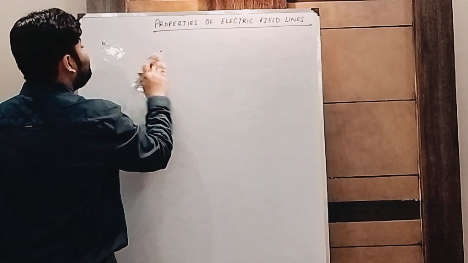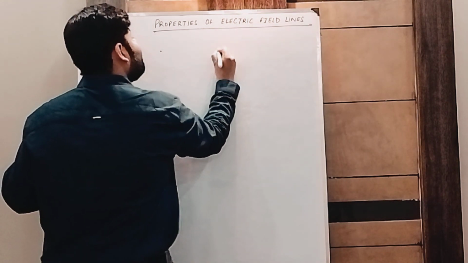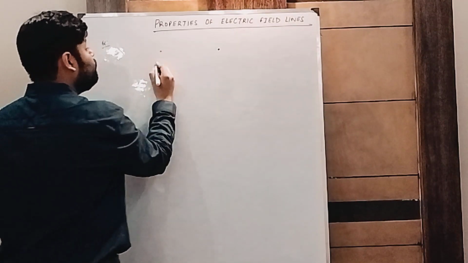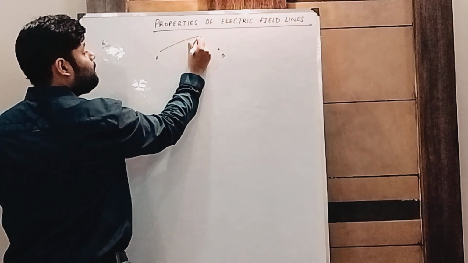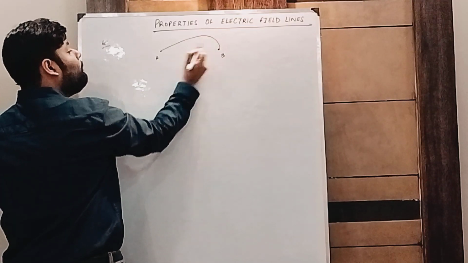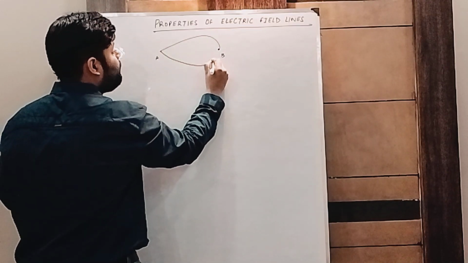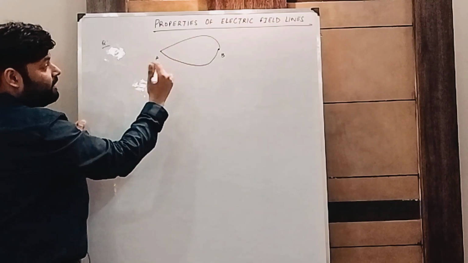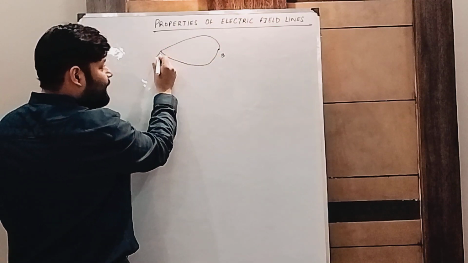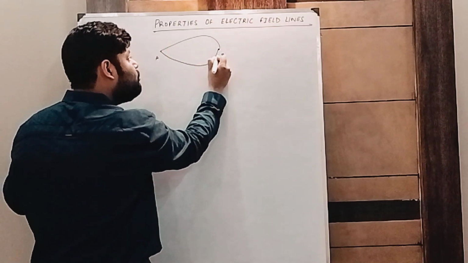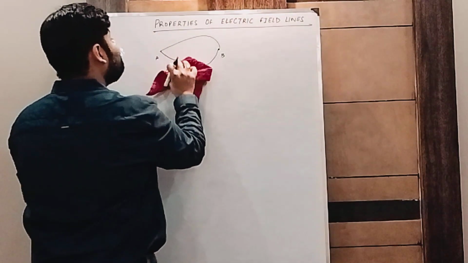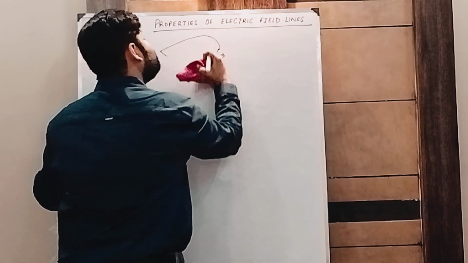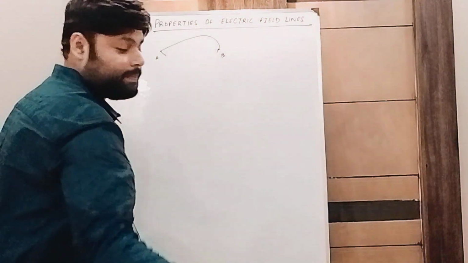So it was given that the diagram of electric field lines was given between 2 points A and B. And it was like this. It was not symmetric. This curve was not symmetric. It was a little bit bent towards B. The upper curve and the lower curve were symmetric, but it wasn't symmetric in the plane.